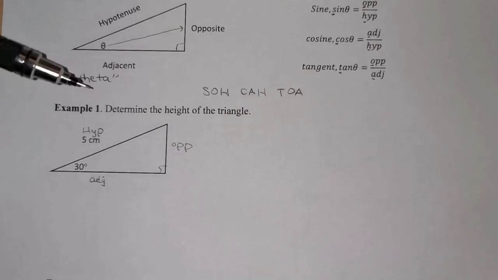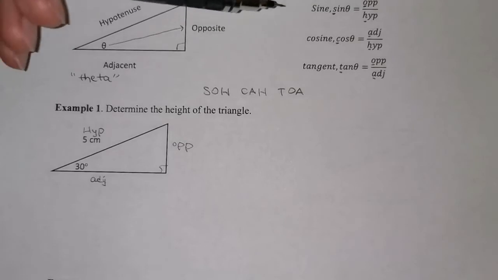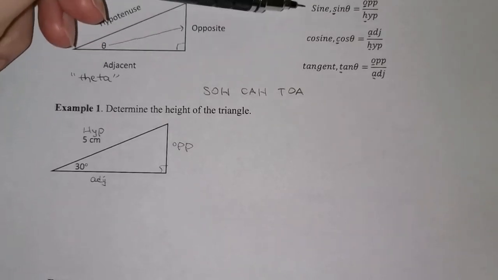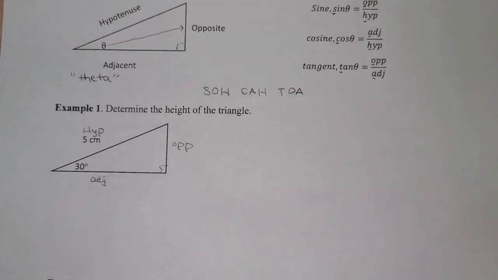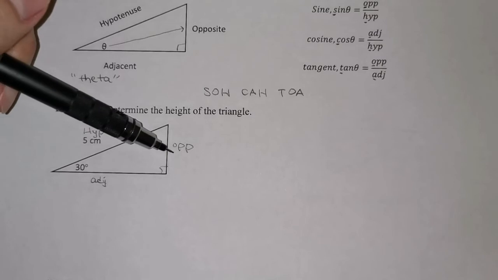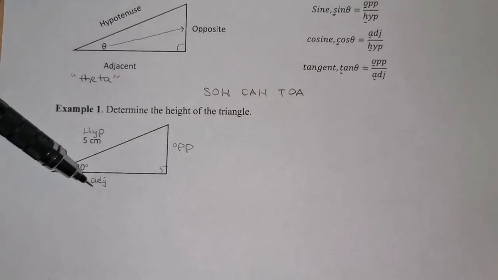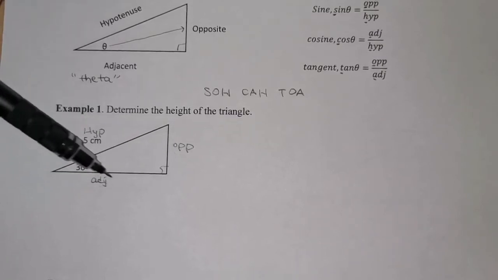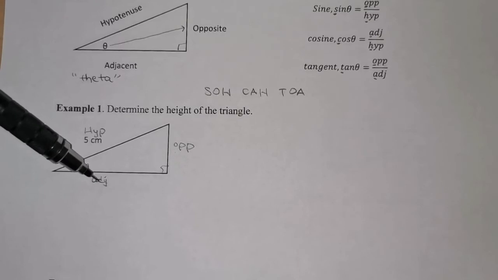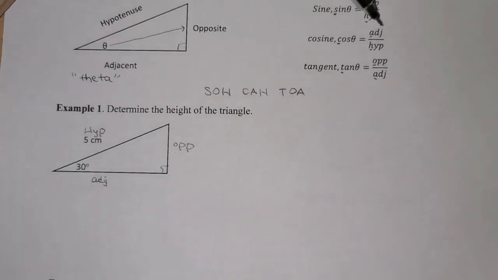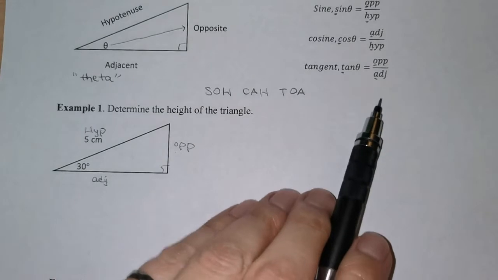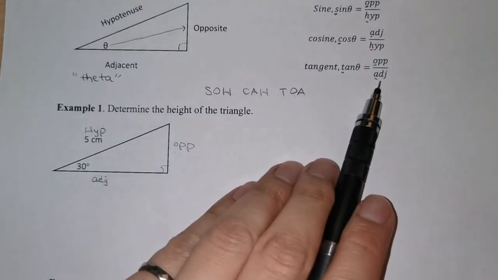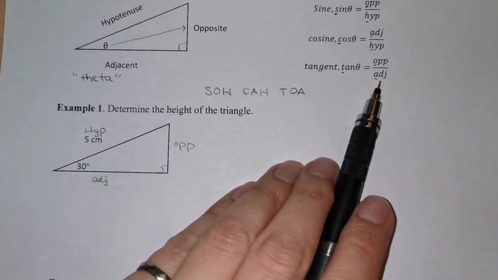When you know which side you're looking for, then you can determine which of the 3 trigonometric ratios you want to use. So we have hypotenuse, we have an angle, and we need opposite. So that kind of means that adjacent isn't very useful in this situation. If you look at our 3 ratios, this one has the tangent, it has adjacent side.